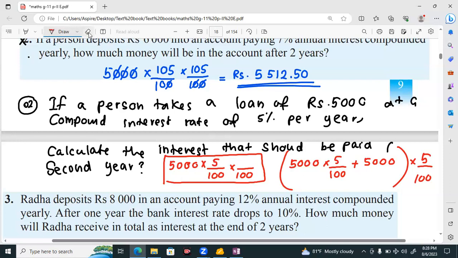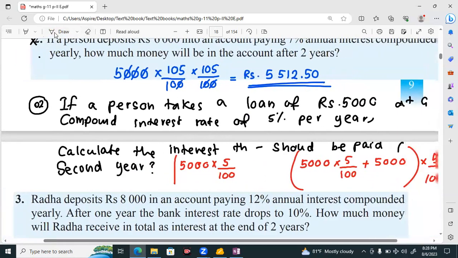No, because we can find the answer that way for simple interest. But here there is a thing that you have to consider. The interest is calculated not only for the initial loan amount.